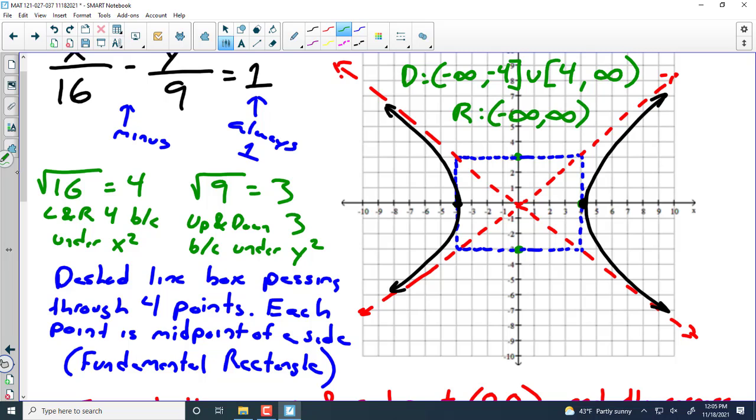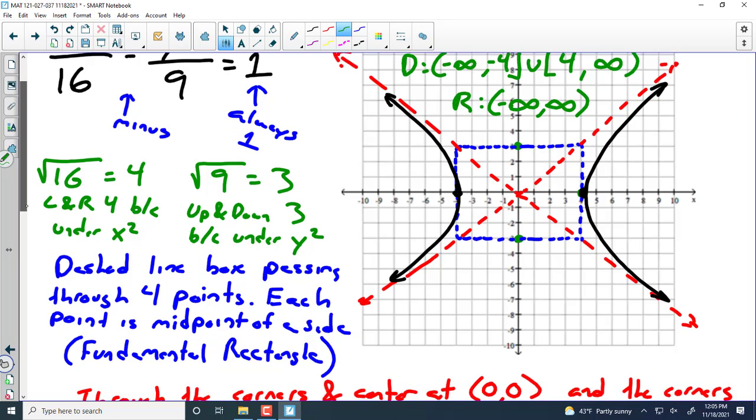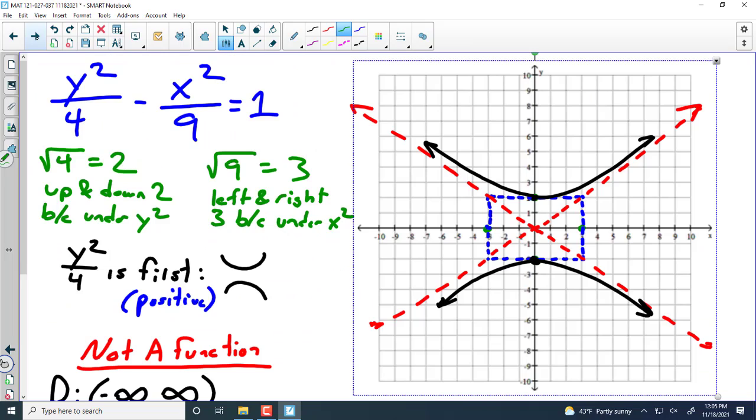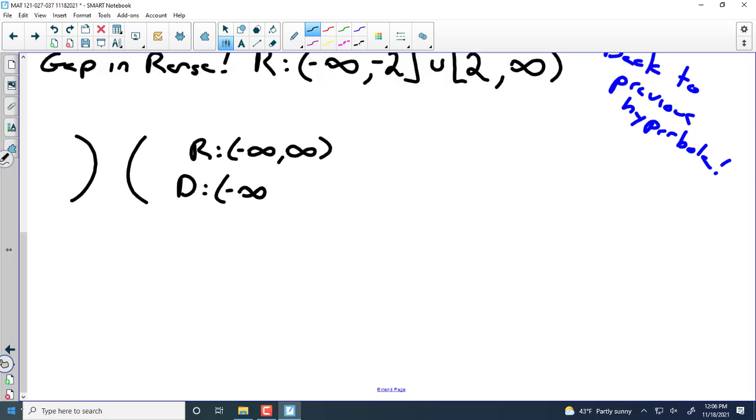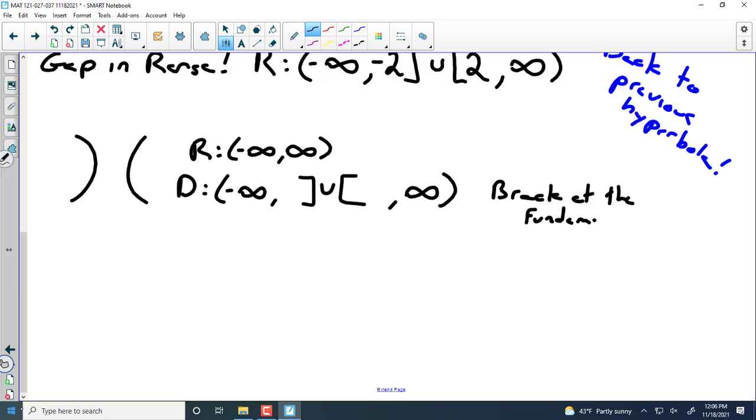So we can actually come up with a little rule for ourselves to help us do this. It will look like this. If it's this kind right here, the range will be negative infinity to infinity, and the domain will be negative infinity to something, and then up to infinity, because it takes a break at the fundamental rectangle.